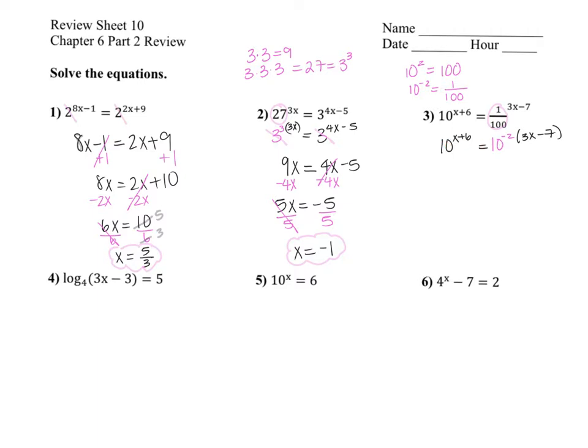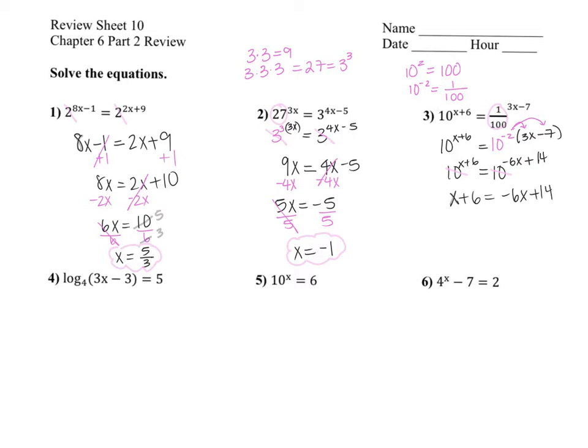I'm going to first distribute this in, just so I don't forget. So this becomes 10 to the negative 6x plus 2 times 7 is 14. 10 to the x plus 6 comes down. Like I said before, the bases are the same, so they cancel. And so I have x plus 6 equals negative 6x plus 14.